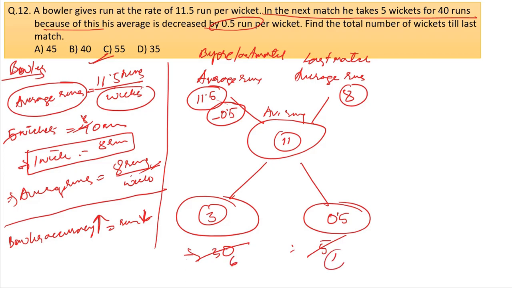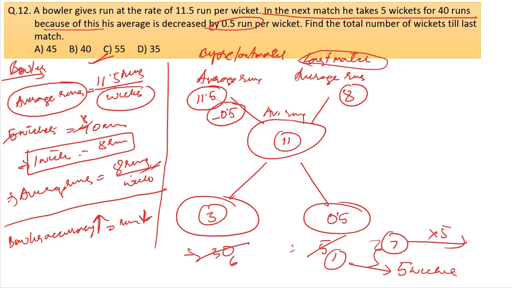Now according to the question, in the last match the wickets were 5. If 1 unit gives 5 wickets, then the total of 7 units means 5 times 7 is 35 wickets. For the whole match, his wickets were 35. Hence, option D is the correct answer.